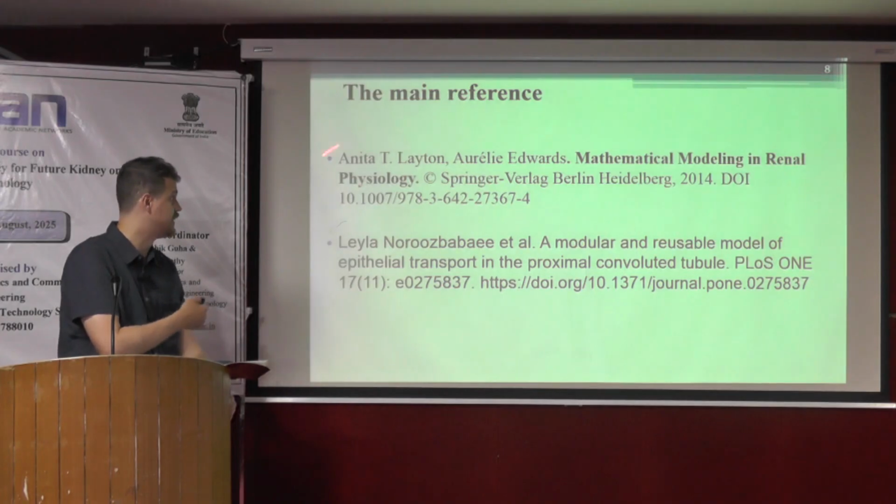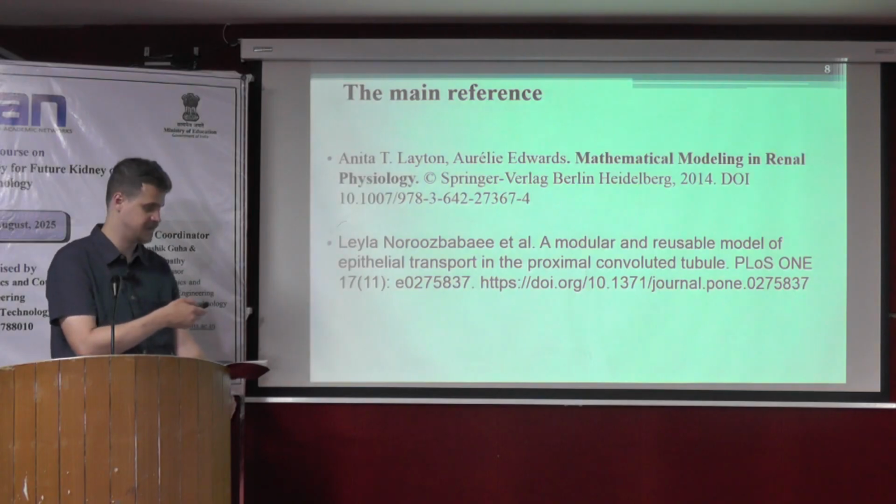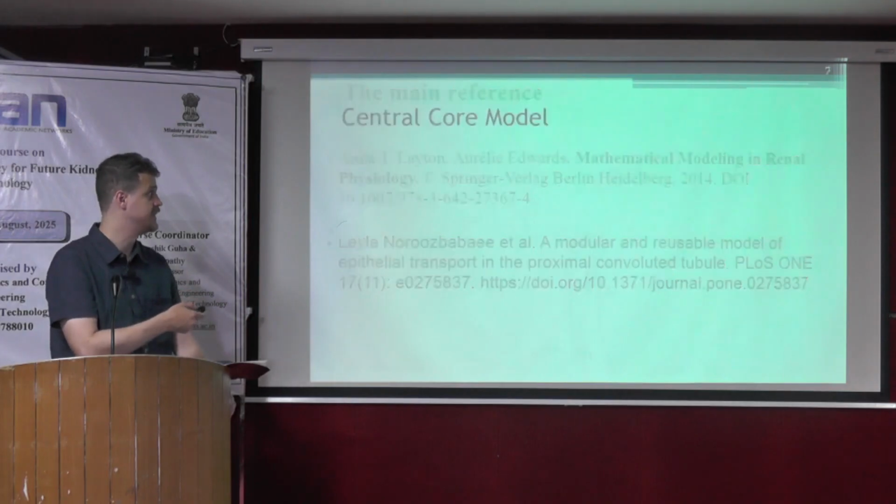I will heavily reference and need to detail out the mathematical modeling and renal physiology. If you're interested in that topic, that will be a great place to start the exploration.